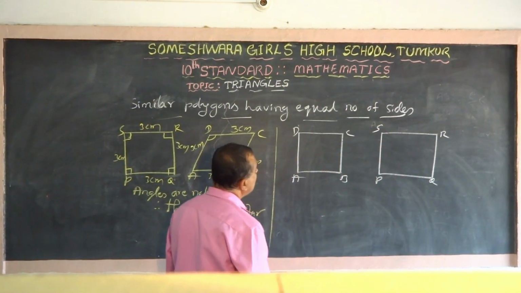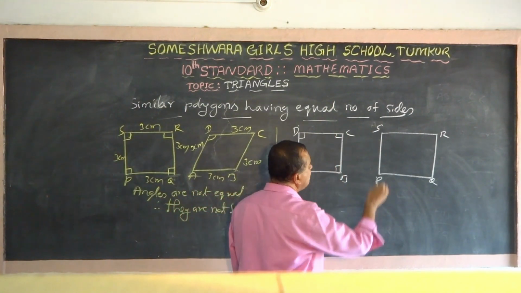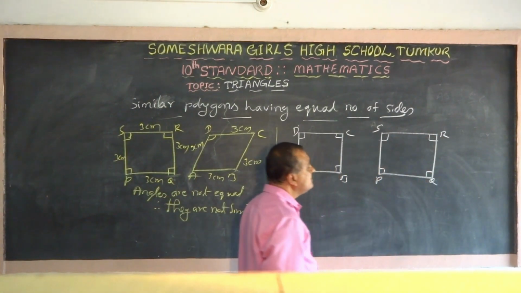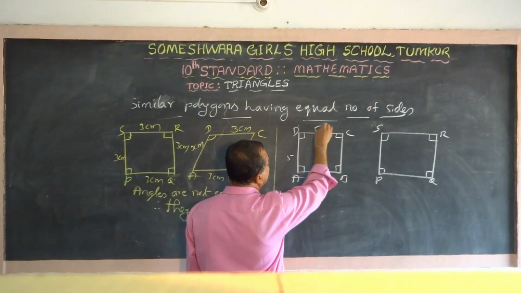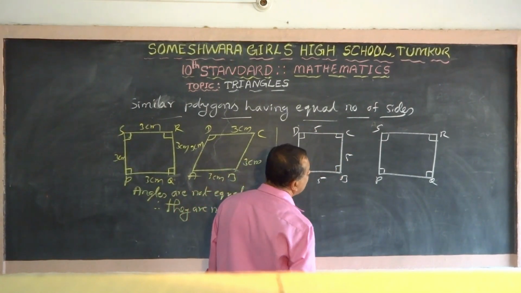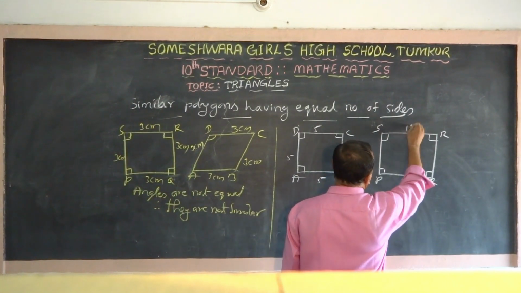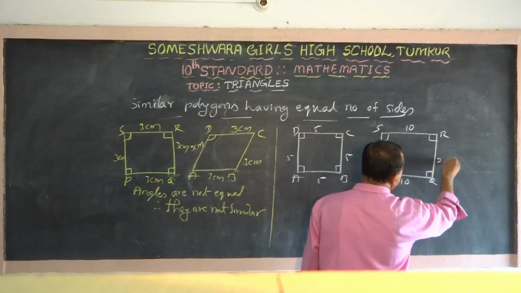Now angles here 90 degree, 90 degree, 90 degree, 90 degree. And this is 90, this is 90, this is 90, this is 90. Is it right? Now this is 5 centimeter each. 5, 5, 5. This is 10 centimeter, 10 centimeter. This is 2.5. This is 2.5.